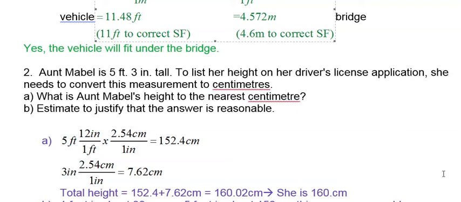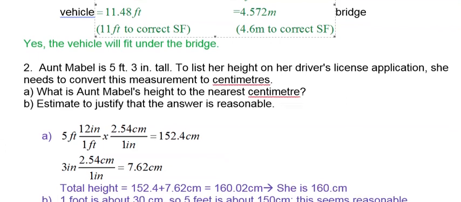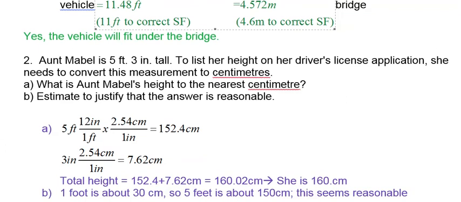On the other hand, you might not be close to her height, so you might say to yourself, I know those rulers that you can get are 30 centimeters or 1 foot. So if she's 5 feet, that would be about 150 centimeters. She's a little taller, so yeah, it seems reasonable. So in the textbook, when they're asking for those sorts of questions, that's all they're talking about, being able to check that you're in the right ballpark. So if you make some terrible mistake, you're going to catch that.